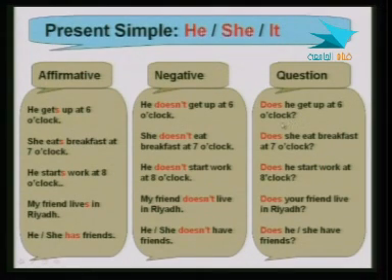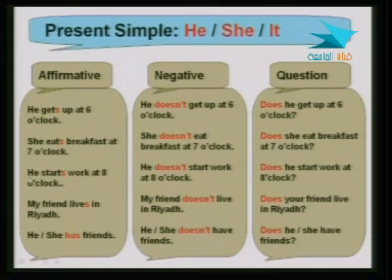Also notice the intonation I use when I read the question: at the end of the question there is rising intonation, right? Does he get up at 6 o'clock? Right. She eats breakfast at 7 o'clock. She doesn't eat breakfast at 7 o'clock. That's negative. And the question from that one is: does she eat breakfast at 7 o'clock?